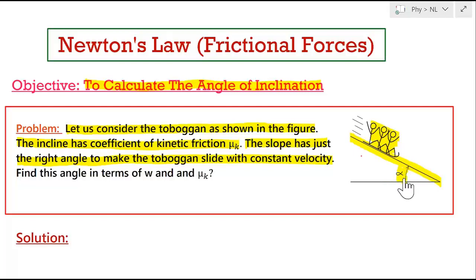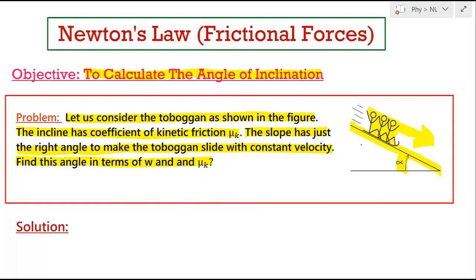So this angle is just right so that this toboggan is moving with a constant velocity. This means it remains in equilibrium. So in other words, we can apply Newton's first law. The question says, find this angle in terms of W, that is the weight of the toboggan, and the kinetic friction coefficient mu k.